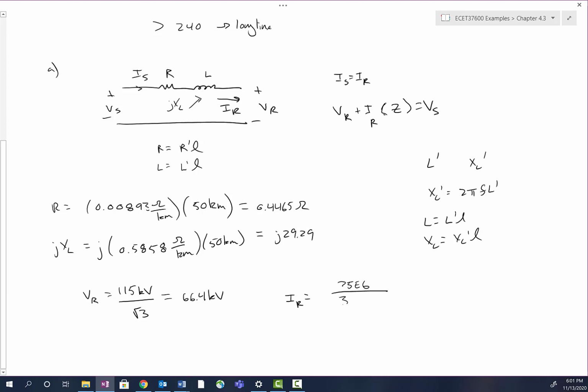That's three-phase, so I divide by 3, but that's watts. I need to divide that by 0.85, the power factor, to convert that to VA, and then I need to know what the power factor angle is. This is lagging, so it's a negative angle. No, it's not. It's a positive angle.